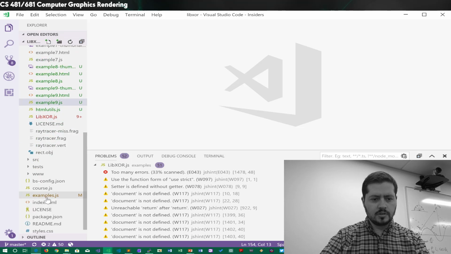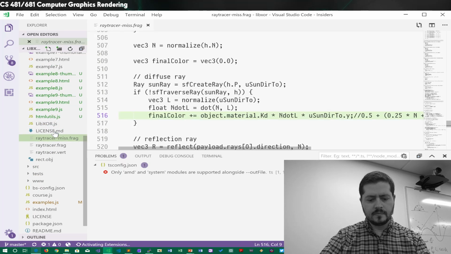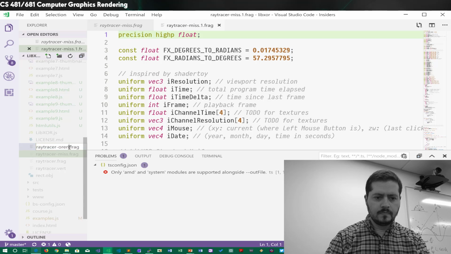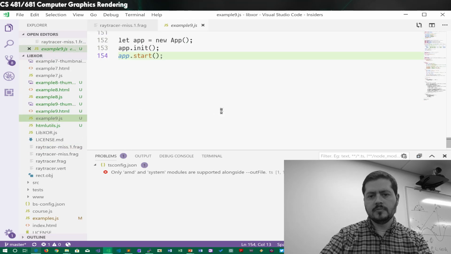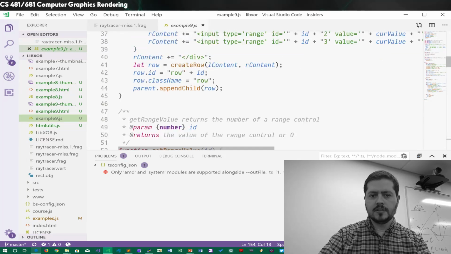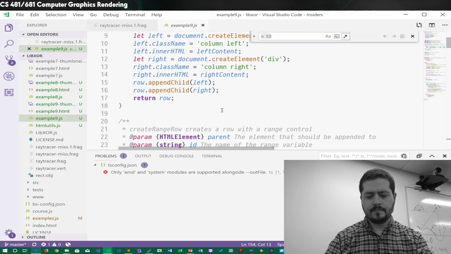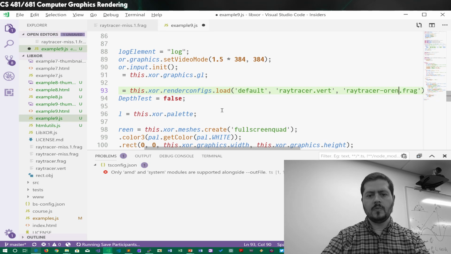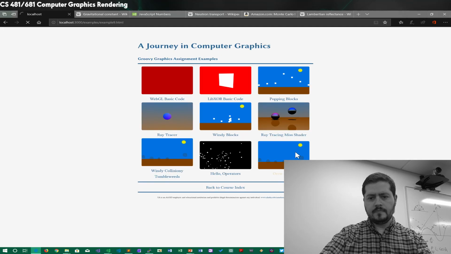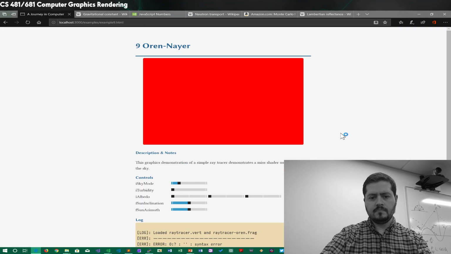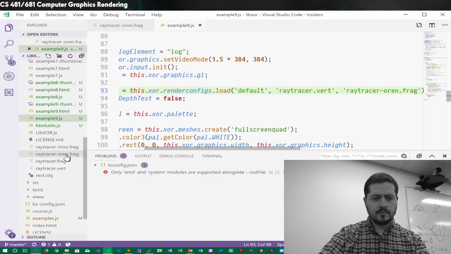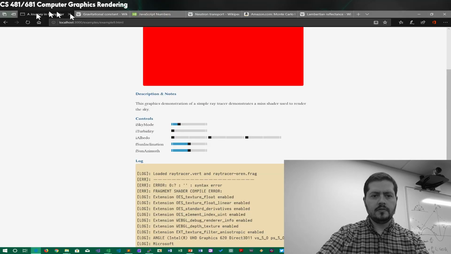Actually, close all. Change the shader that I load up, and find out why that's not compiling.